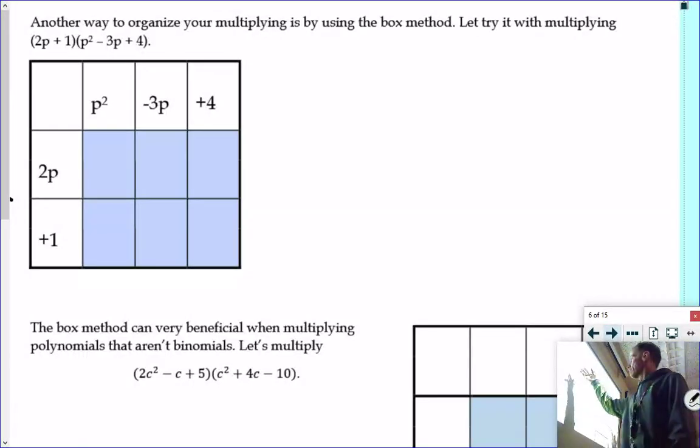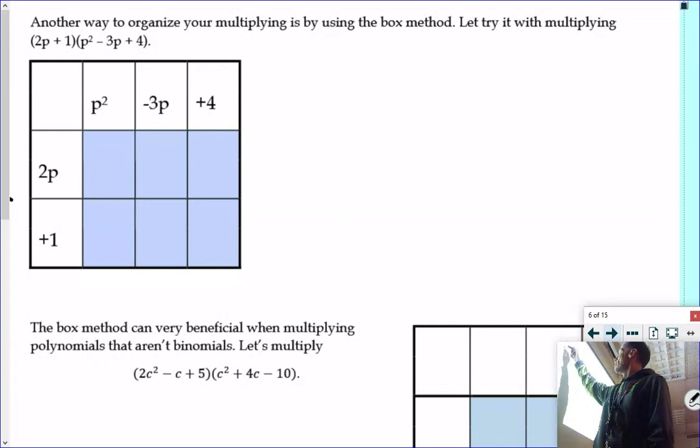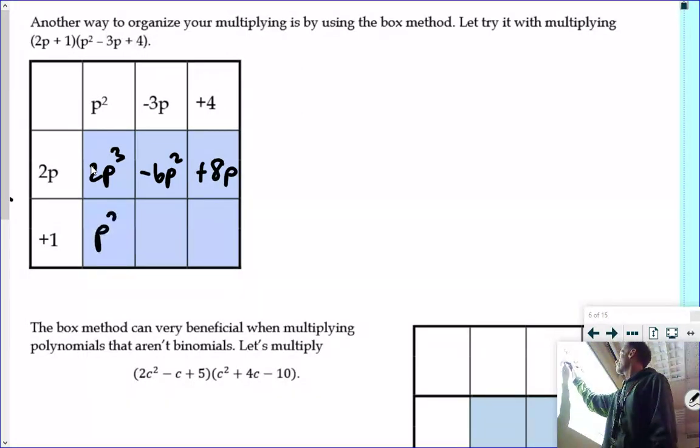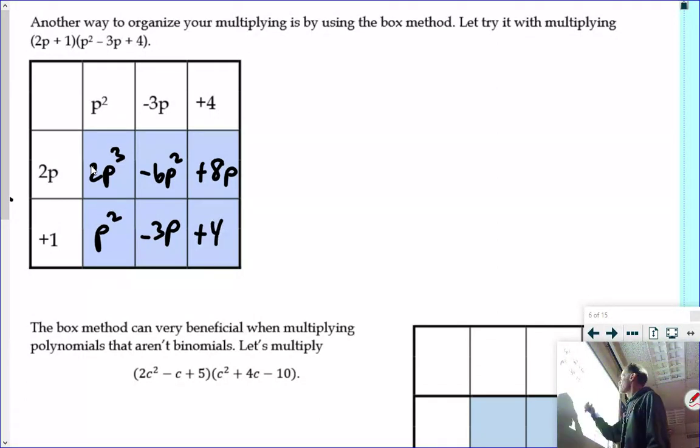Okay, so if you did the box method, and again, it is a nice way to organize things, I'm not going to lie. If you do it this way, you got 2p to the third minus 6p squared plus 8p. And on the bottom row, you'd have p squared minus 3p plus 4. We can combine our like terms, and in this case, we can look on the diagonals.